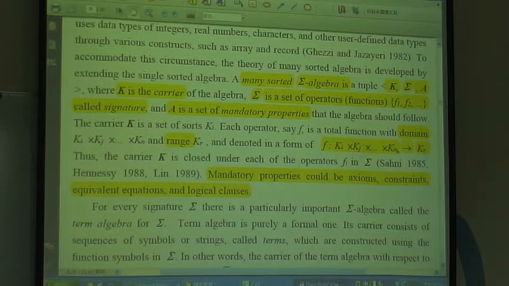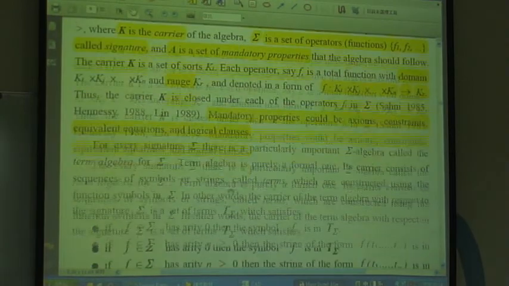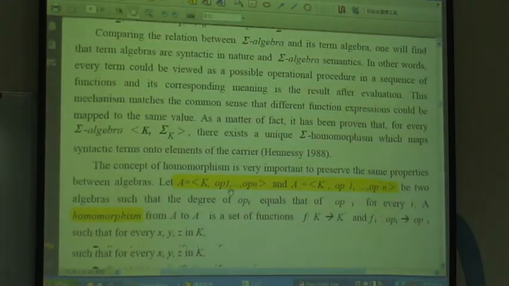The last argument will be from the set of kn. So it indicates the different kind of argument and its domain. Okay. And the mandatory property could be axioms, constraints, equivalent equations, logic cross.